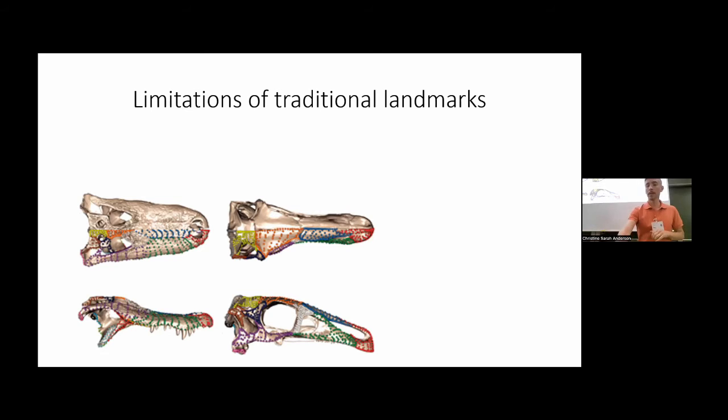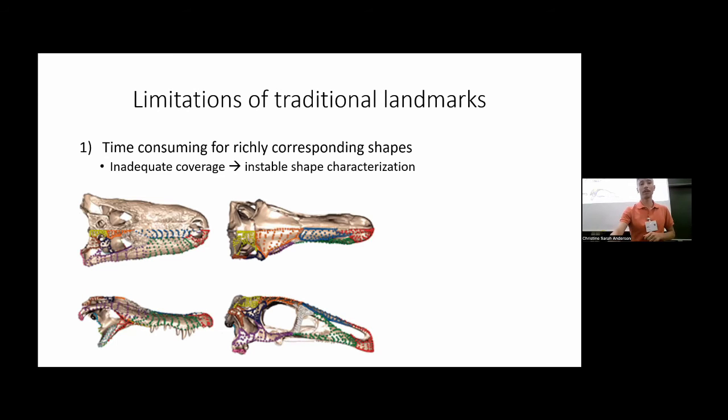Again, there's a variety of limitations to traditional landmarks. That's not a criticism of studies, or of the reliability of results from studies using traditional landmarks, just that they have a number of limitations that we would love to overcome.